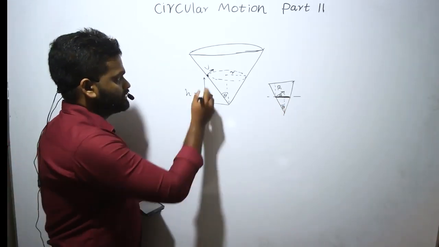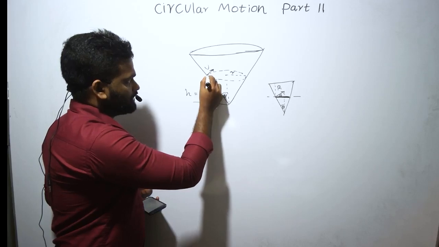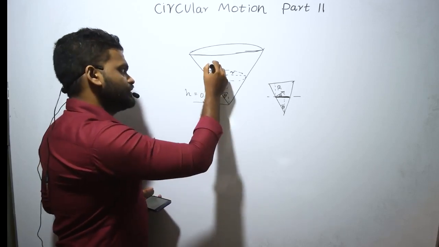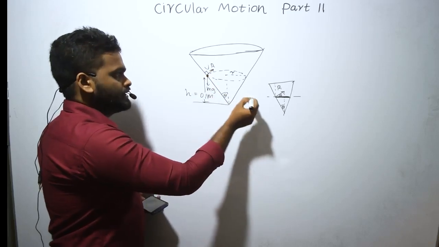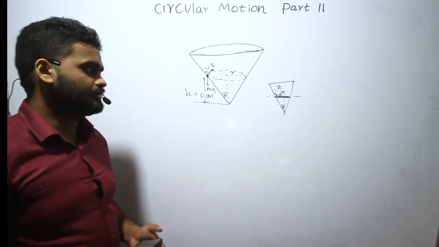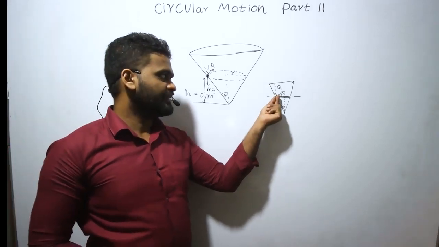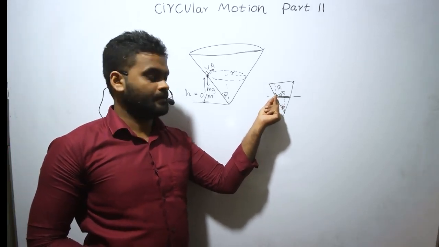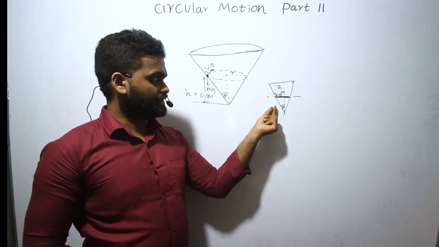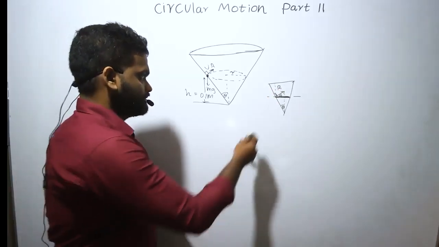So all you have to do is correctly mark all the forces acting here. So mg is there, then you have the normal reaction force, that is normal to the surface. There are no other forces acting on this particle. There's no friction here. Only R and mg.